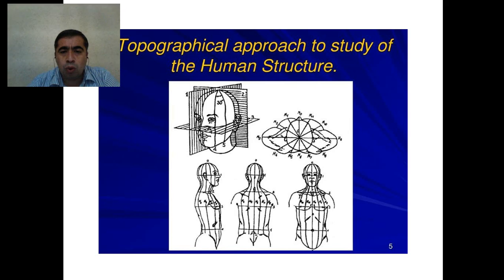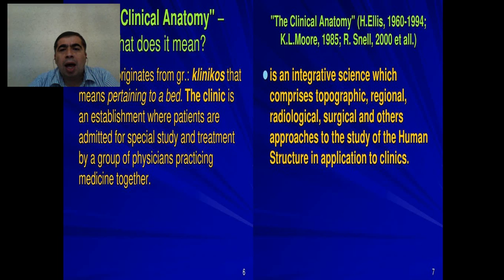And it is a good way and a good time for using these terms. And now the clinical anatomy, a very important and very interesting subject. The main part of this subject is formed by the topographic anatomy.